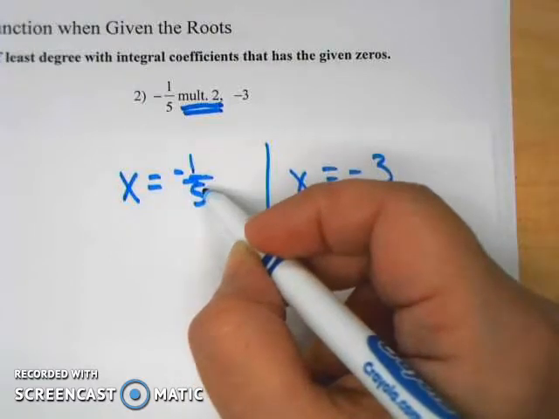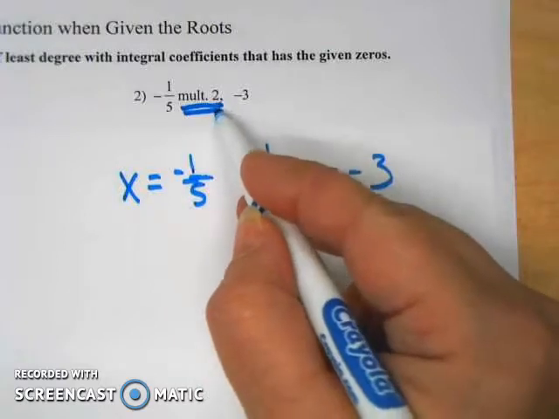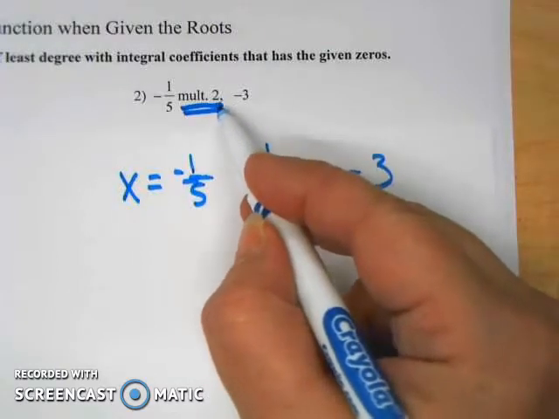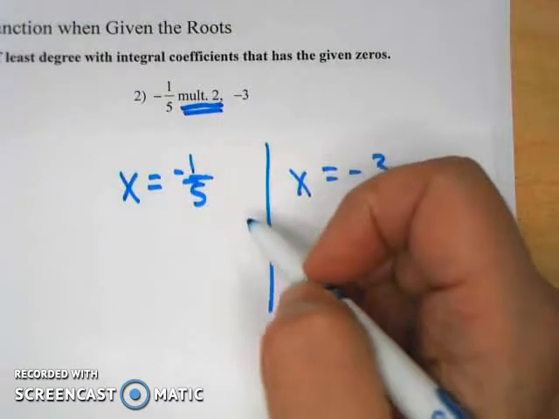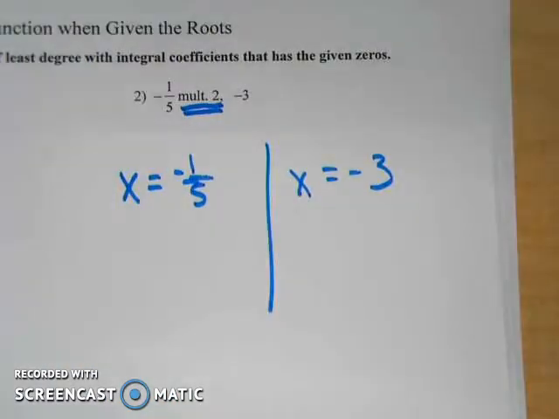So whatever we get when we come up with our factor from this root, it needs to be represented twice in the polynomial. So let's go ahead from here and find our factor that is represented by that root.